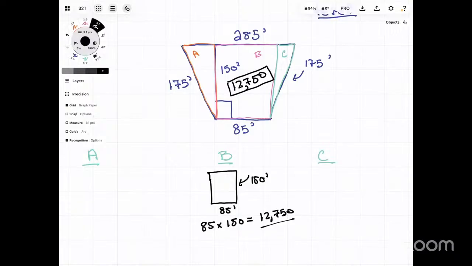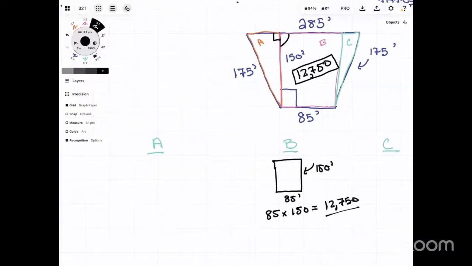Well, for A, we can go ahead and assume this is a right triangle, because if this is a right triangle, then this has to be a right triangle. So for A, area is equal to length times width, and then whatever that is, we divide it by 2. What I remember from school is this slanted piece is the hypotenuse, and we don't want that.